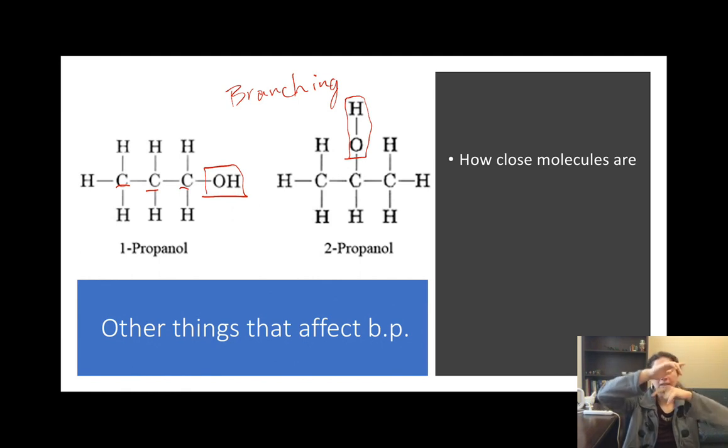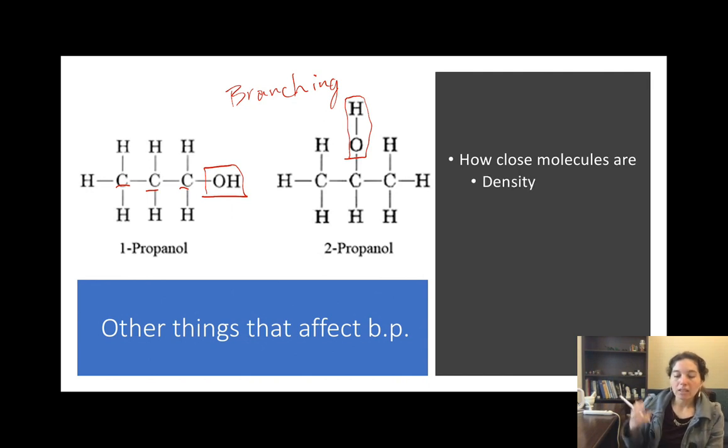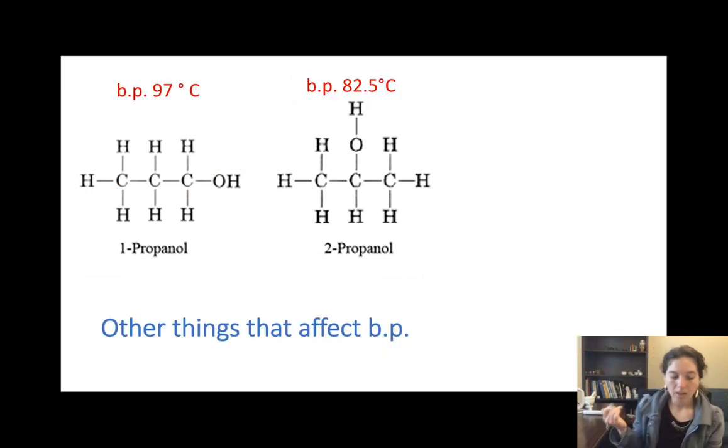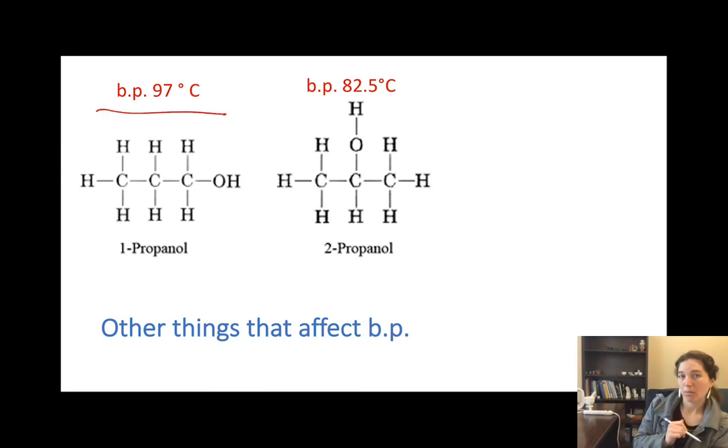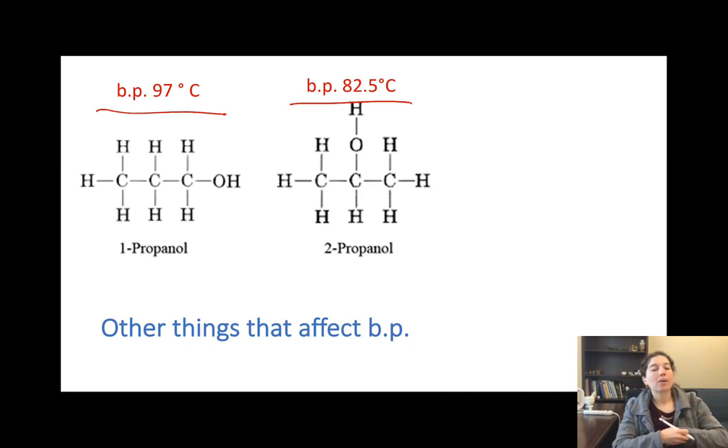But as soon as you do this, it's not going to get together as well. And we see that reflected in our boiling point. You can see here that 1 propanol has a higher boiling point than 2 propanol. Now, it's not a huge difference. It's pretty mild, but it's still there. So this would be like the last thing that would affect your molecules.